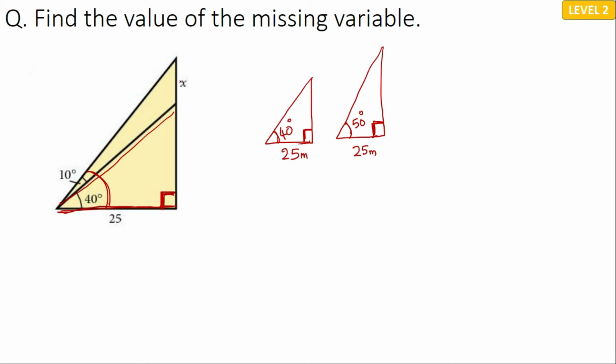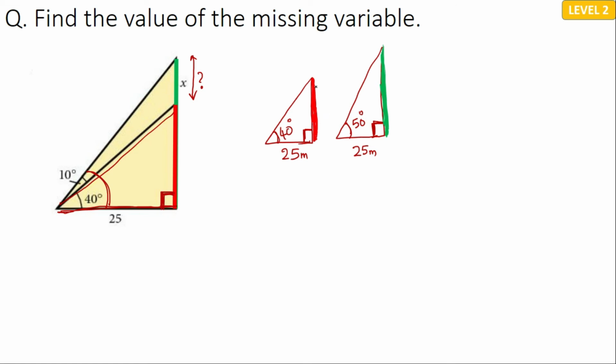Now where does this X lie in both these triangles? That's the problem. You can see that for the longer triangle, you have the green. So from these triangles, let me say that the value for X is nothing but the length of the green line, the longer line, minus the length of the shorter red line.